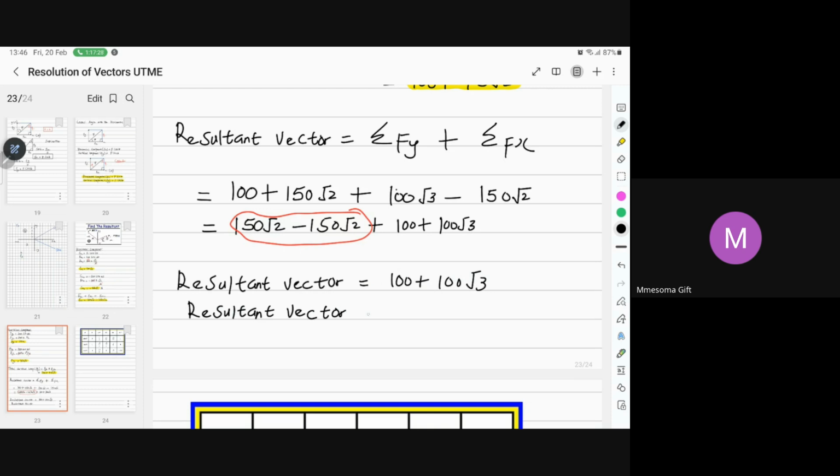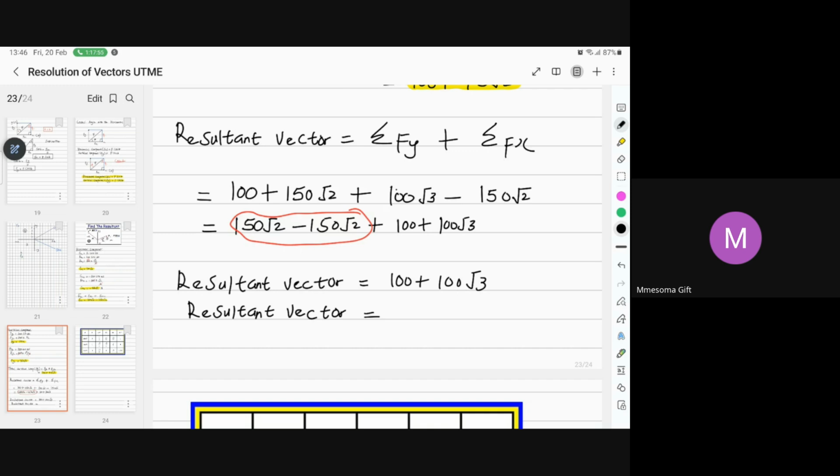Anybody with calculator there can give us the actual value. 273.2.